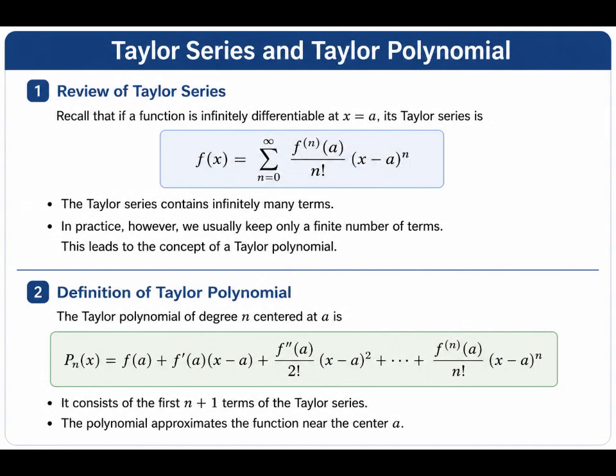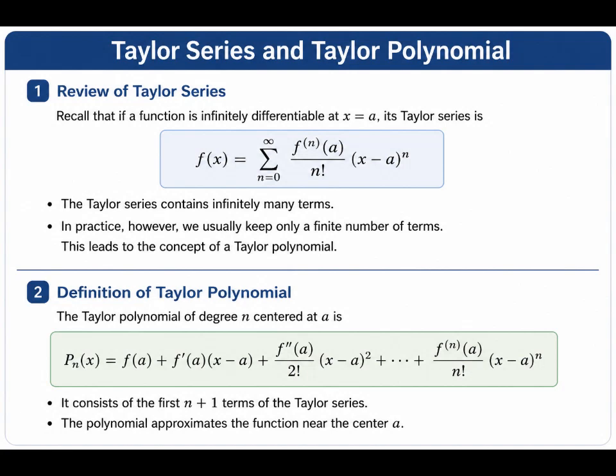You can think of the Taylor polynomial as a simplified version of the function that's much easier to evaluate and manipulate. Near the center point a, the polynomial closely follows the behavior of the original function. In many cases, even a low-degree Taylor polynomial can provide an excellent approximation.